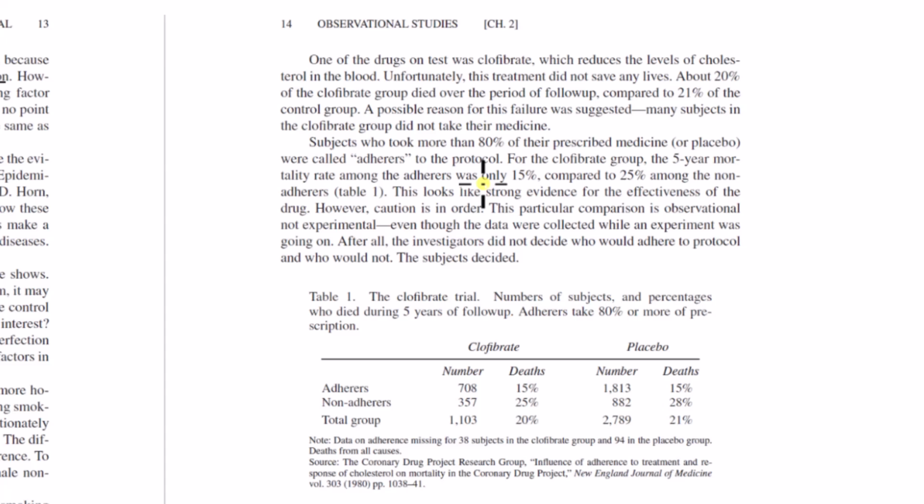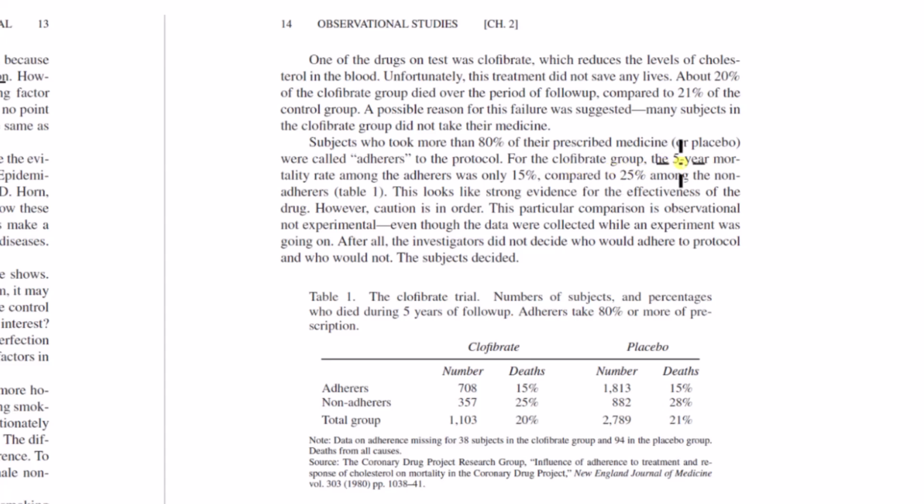Do you see how? At first it was randomized controlled, but once it was found that some of the subjects didn't take their medication, and they separated it into the adherers versus the non-adherers, now it's an observational study, because the subjects decided which group they're in.